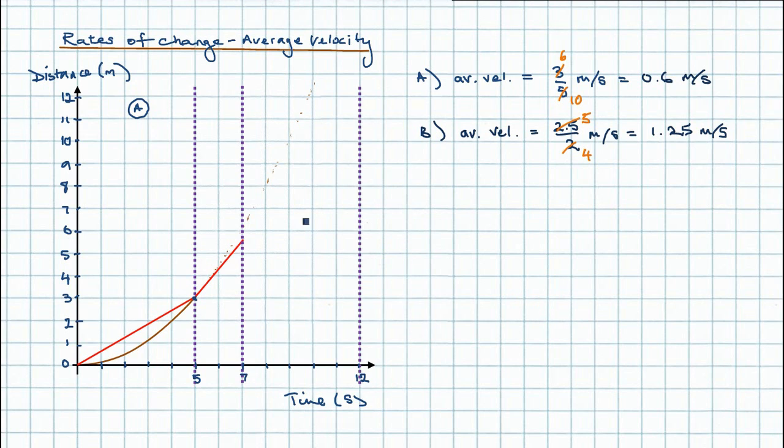Okay, and now let's draw the final stage of the journey. So this time we're going to go along here and finally come to rest at t equals 12. But again, the speed or the velocity will change continually as we go along this line.